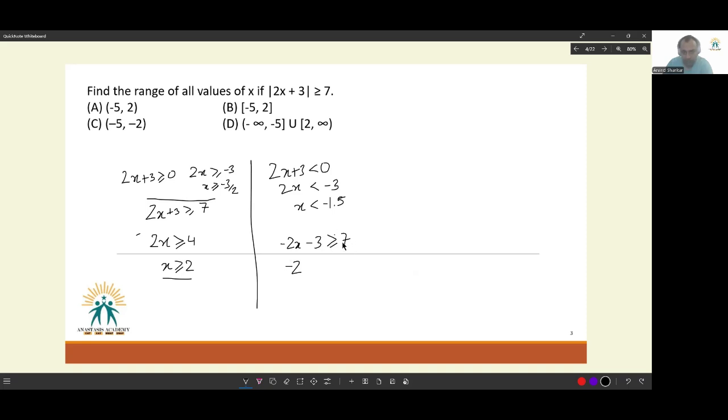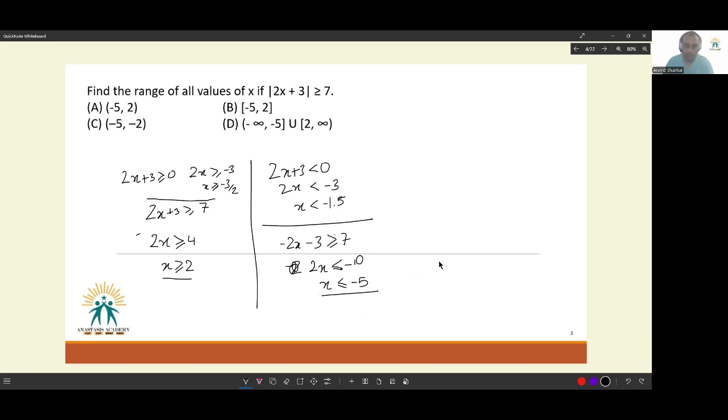Bring this entirely over. -2x to this side, -7 to this side. So 2x is less than or equal to -10, or x is less than or equal to -5. So given that x had to be less than -1.5, anything -5 or lower than that is acceptable.